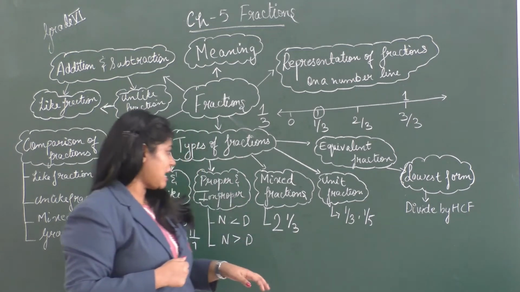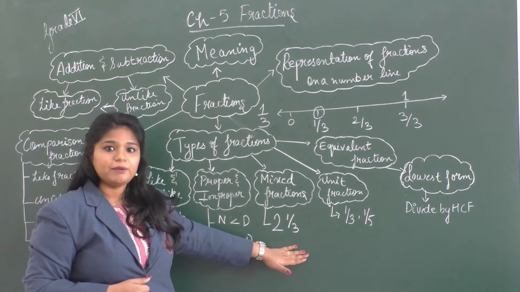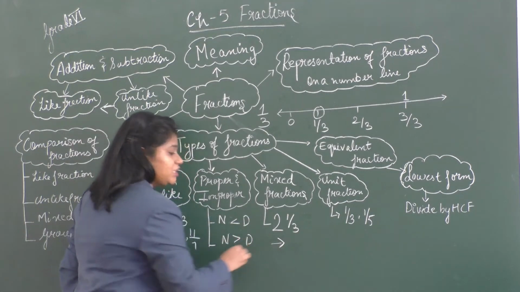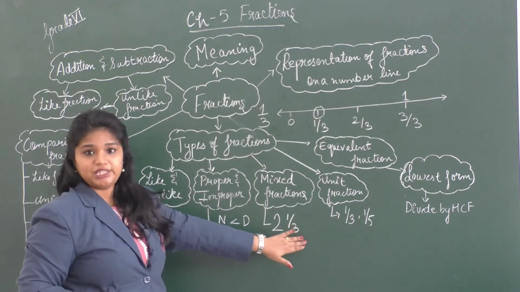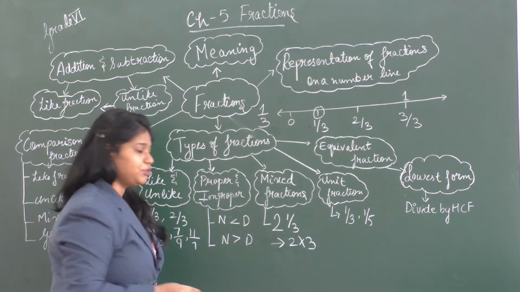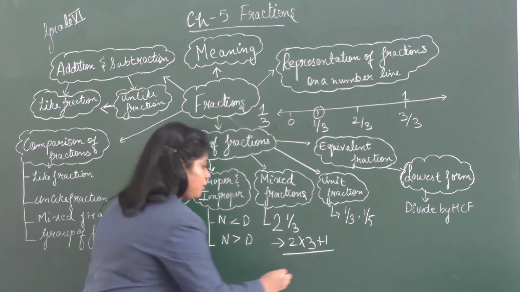So let's take the example of 2 1 by 3. If I need to convert 2 1 by 3 into an improper fraction, how will we do it? We will first multiply the whole number with the denominator. So 2 into 3 plus the numerator, so plus 1, divided by the denominator.